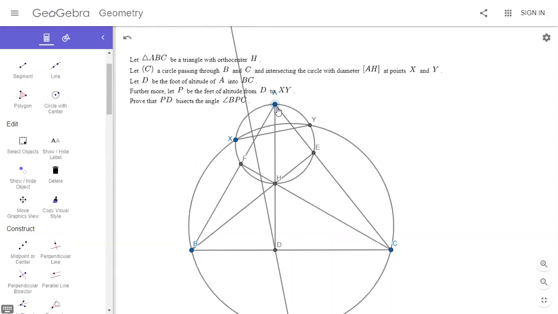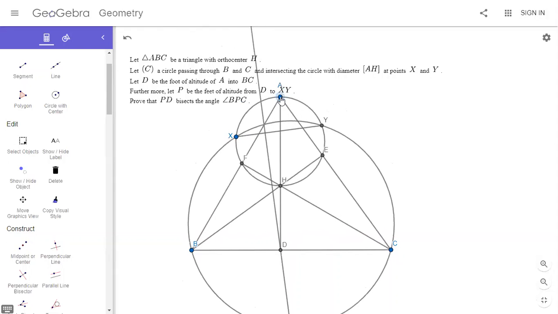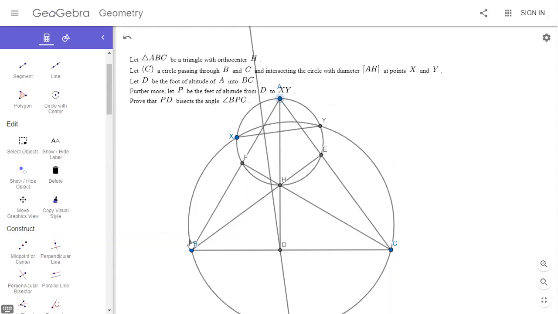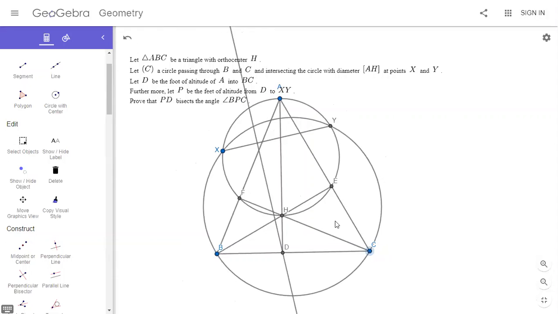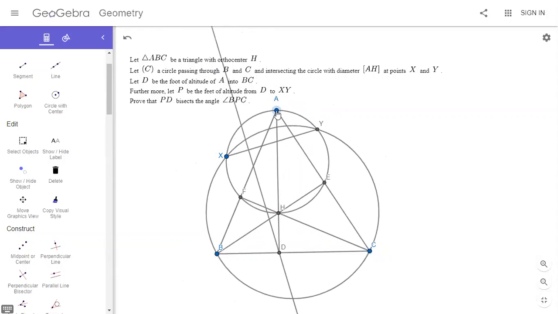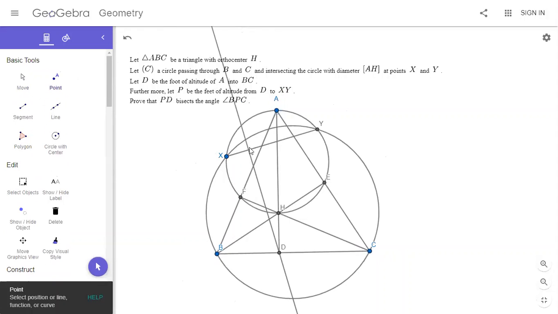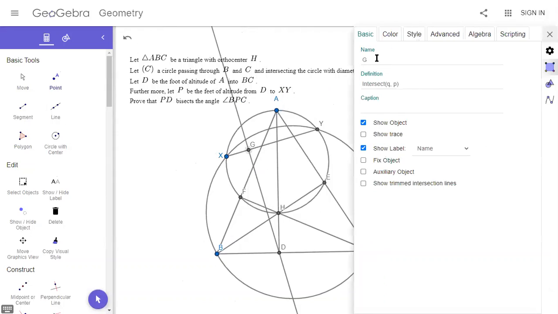There we go. I'm going to shrink it a little bit, but okay. And so this is point P.